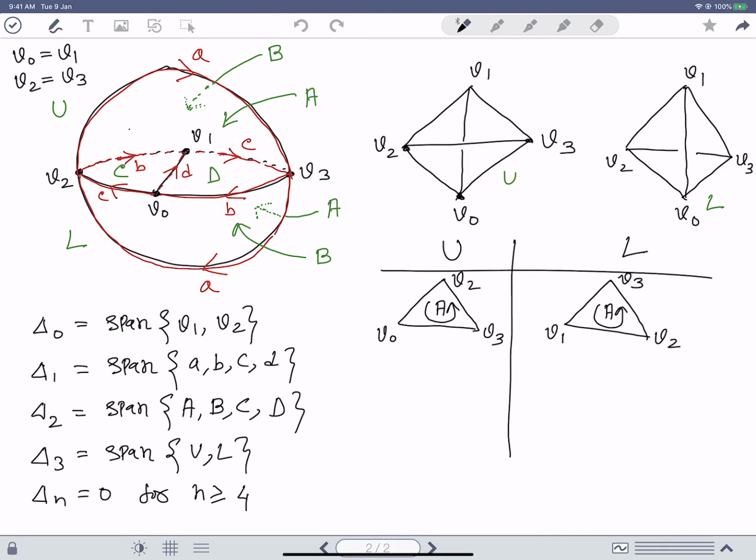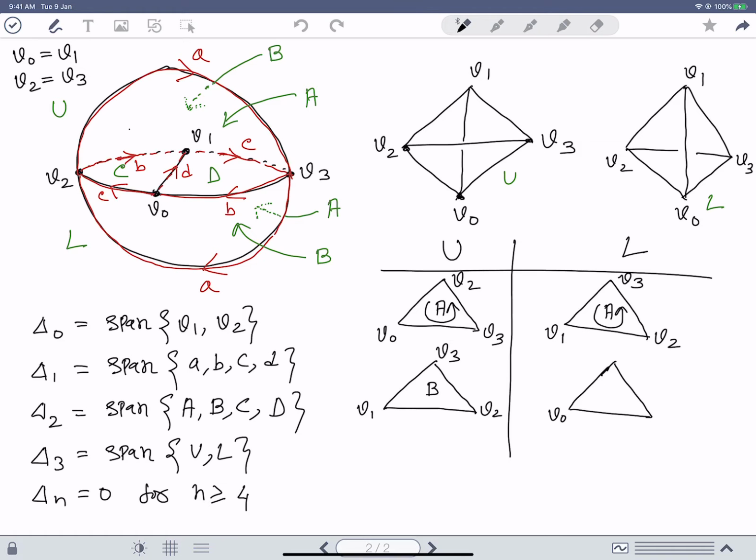Now similarly we have two copies of V, one in U, another one in L, right? So this is my B. Now in U we have the vertices, say V1, V2, V3, and in L, V1 has a copy, that is V1 is identified with V0 in L, right?